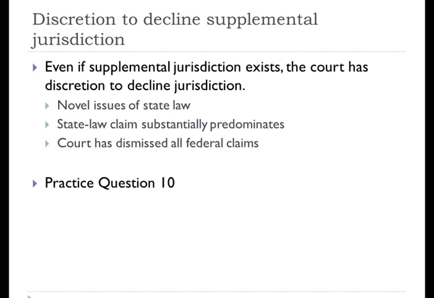I kind of doubt that the multistate bar examination is going to get quite this detailed, but just in case it does, the three main reasons that the court would have discretion to decline supplemental jurisdiction would be if this wannabe claim presents a very novel issue of state law that the federal court would feel that the state court has better expertise in deciding.